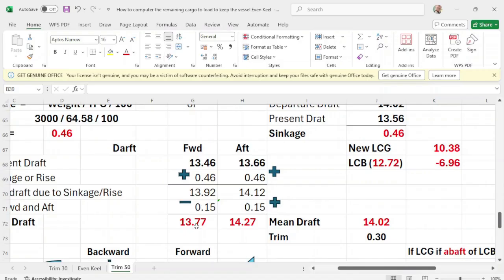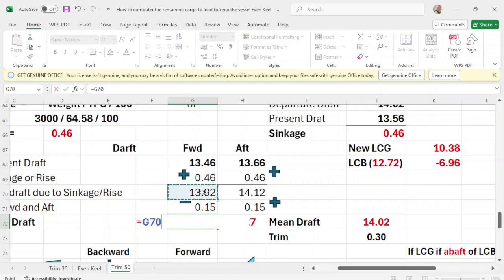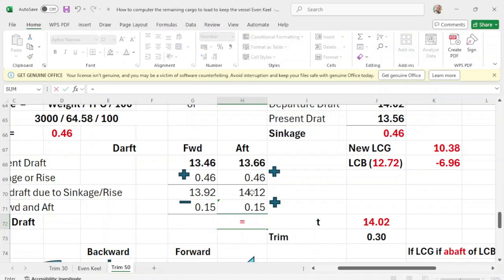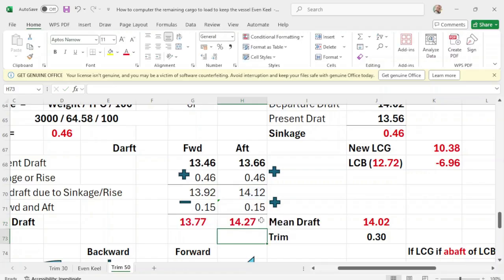So what you do, this one equals forward minus 15 is 1377, and this one equals your drop up plus, because you want to have a big trim, for change of trim up, that will be 1427.